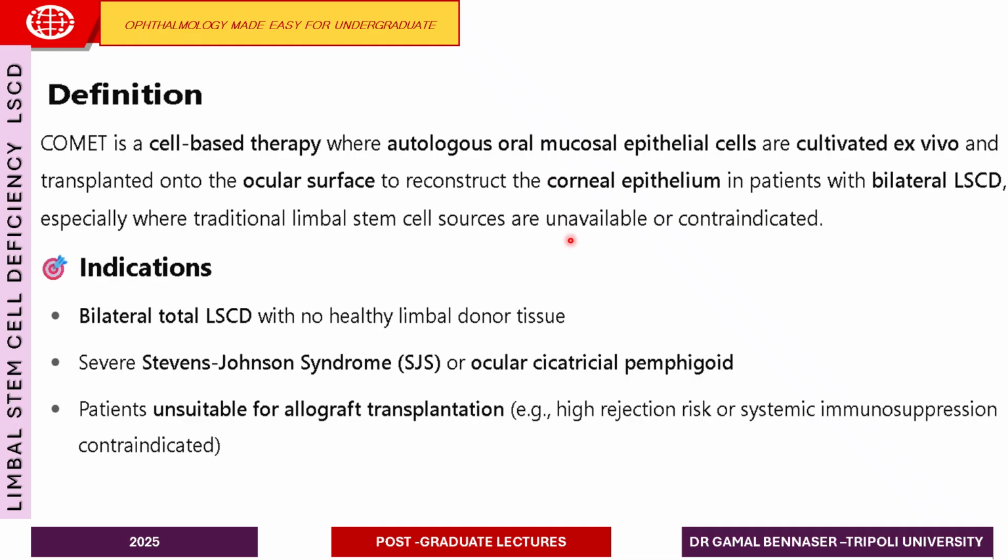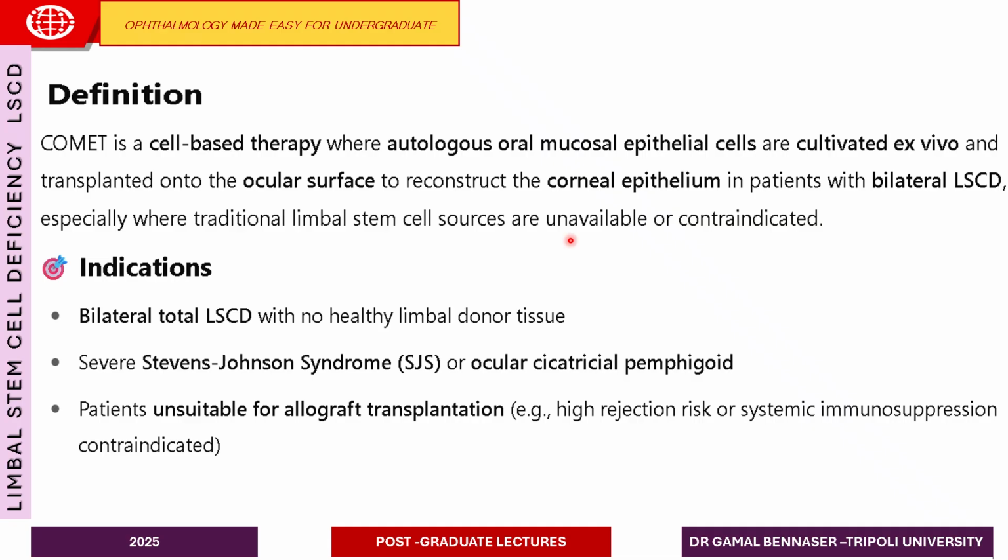So the aim is to reconstruct the corneal epithelium in a patient with bilateral limbal stem cell disease, who is not fit for allogenic graft because he cannot tolerate the extensive immunosuppression needed after any allogenic graft. This patient cannot tolerate it for any reason, and he has bilateral advanced disease.